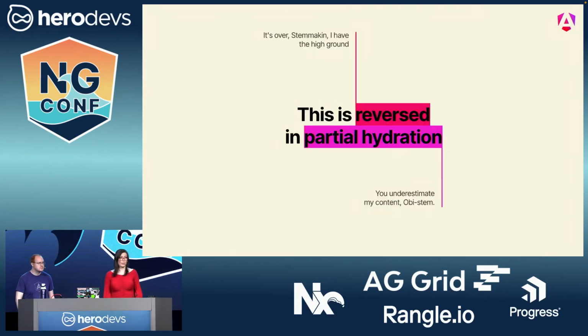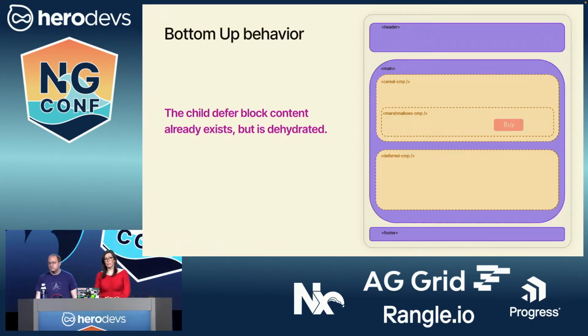This is reversed in a partial hydration world. So here's our example of the bottom-up behavior. The difference here is that in this orange section, all of this is actually now your placeholder. You can actually see that buy button already and start to interact with it.